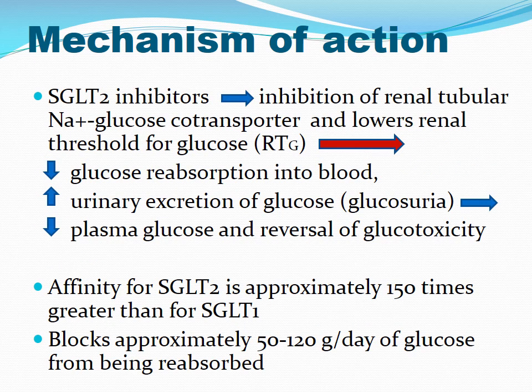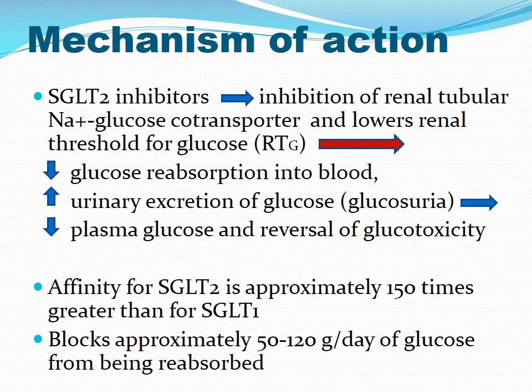Administration of these drugs results in inhibition of the renal tubular sodium glucose cotransporter and lowers the renal threshold for glucose. This will result in a decrease in glucose reabsorption from the renal tubule into the blood, an increase in urinary excretion of glucose leading to glucosuria, a decrease in plasma glucose, and reversal of glucotoxicity.